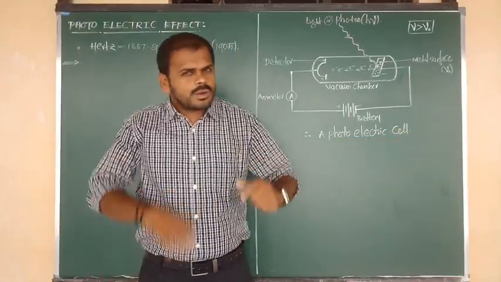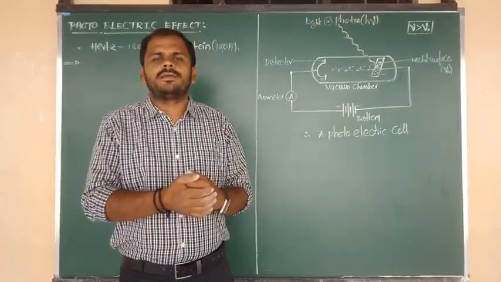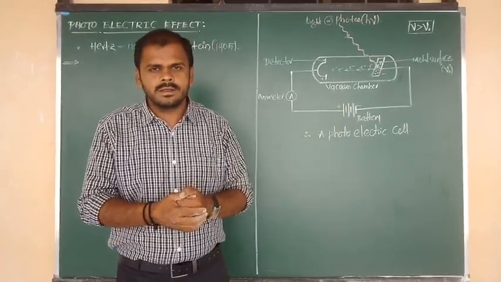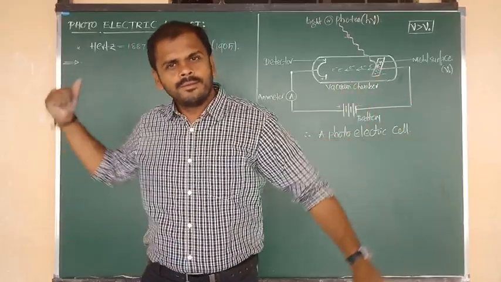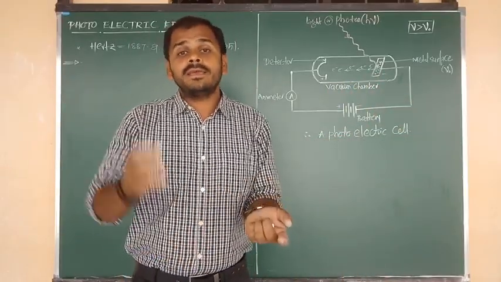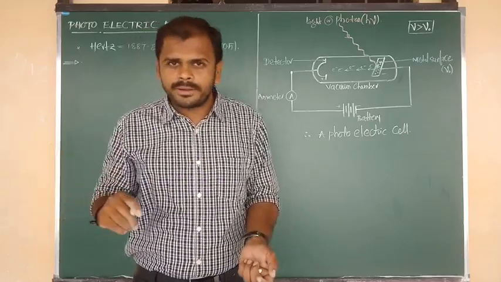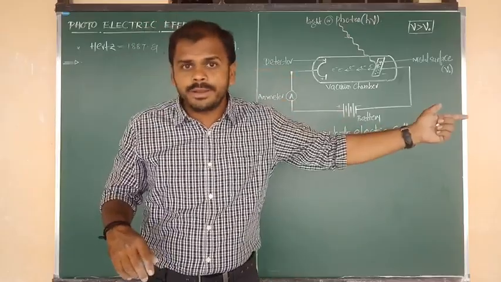So all metals, due to their electropositivity, exhibit the photoelectric effect. Some metals are in the P block, most of the D block are metals, and most of the S block are metals.